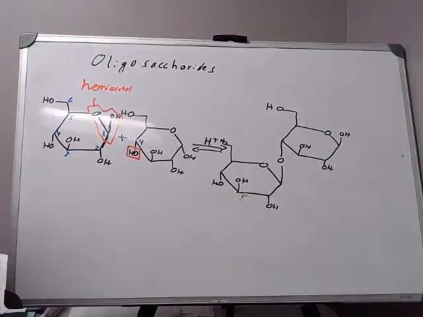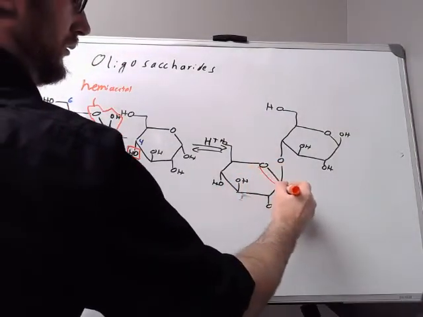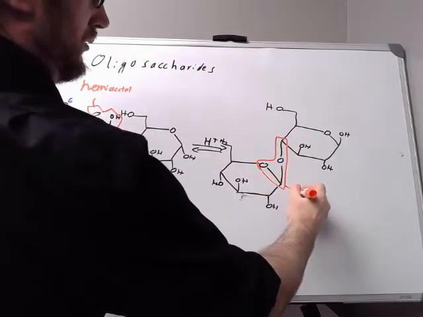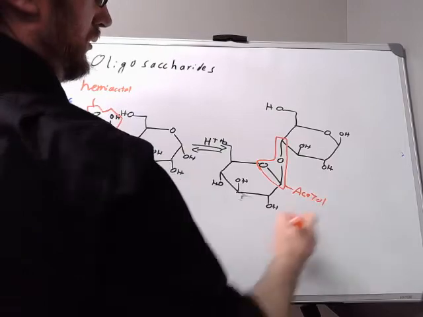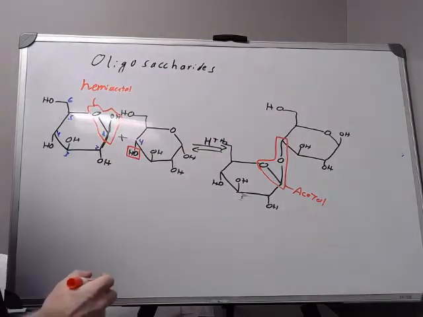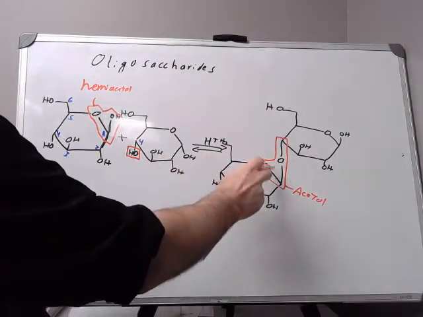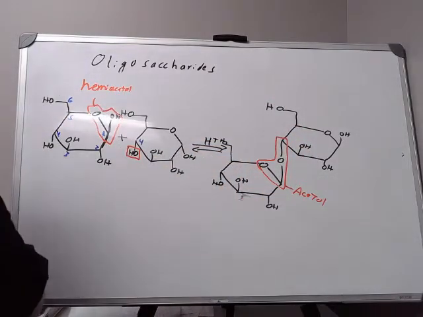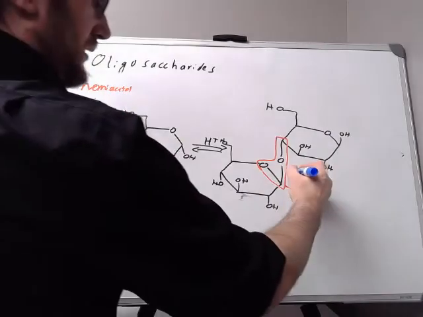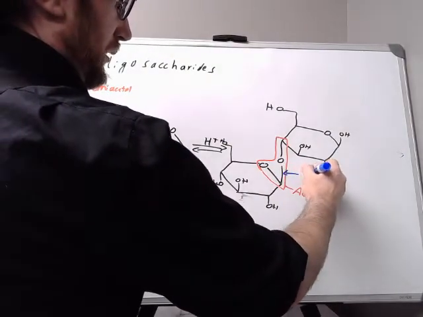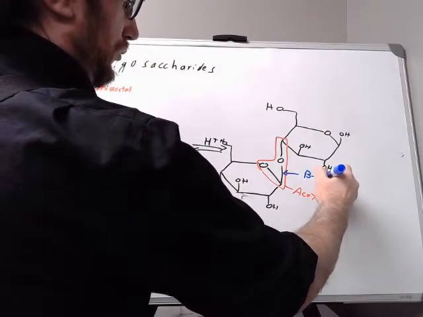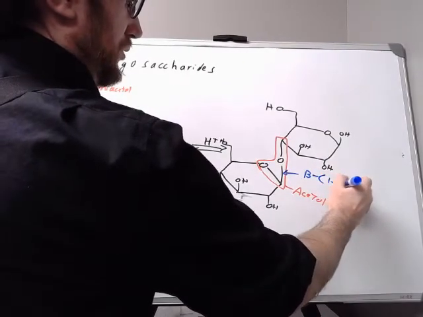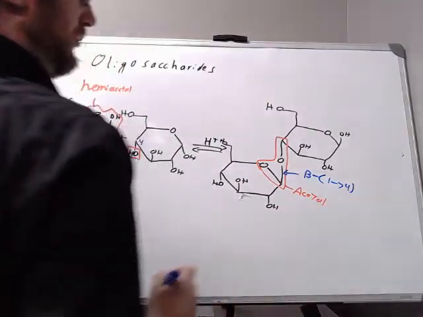And so now our acetal group is here. It has a different shape to it, in that this points up instead of down. And because this is in the beta orientation, this becomes the beta 1 to 4 glycosidic bond.